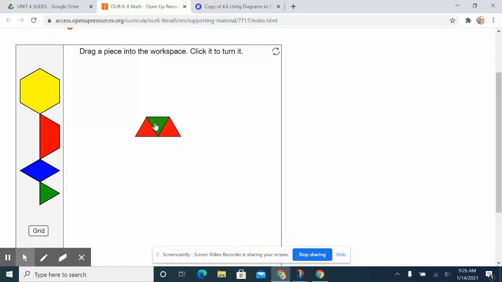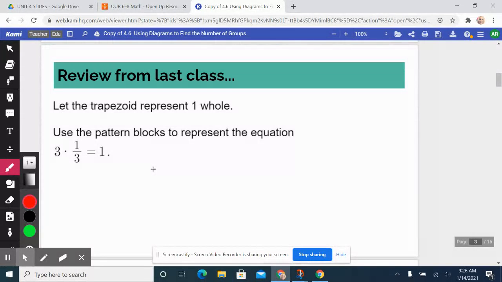Well, these triangles fit in here just perfectly. And these triangles are what's going to be 3 of them. So it says 3 1/3 make a whole. So notice how there's 3 thirds, right? 3 1/3 make a whole trapezoid. So that's that one.